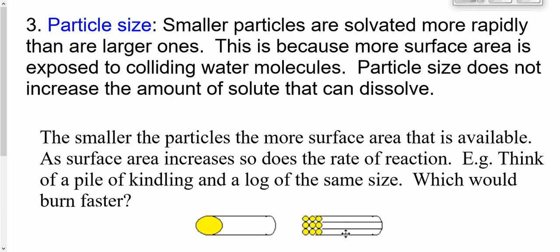It's the same with the sugar. If we grind it up or crush something, what we've done is created more surfaces for the water to attack each molecule, and so the dissolving process happens much better. So when we think about particle size, it goes hand in hand with surface area. The smaller the particles, the more surface area you have. So pay attention to the words that we use with those ones.